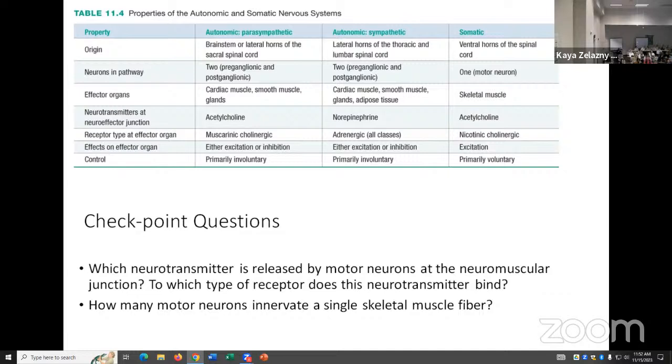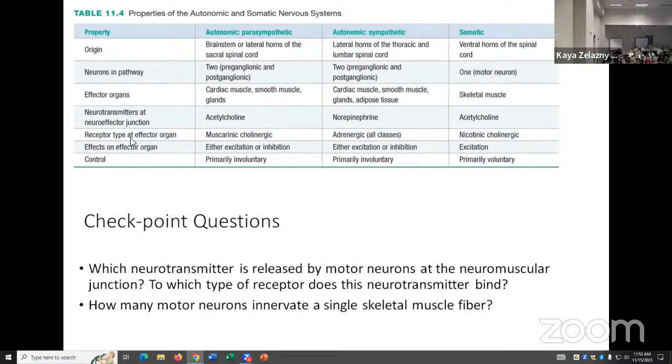In our autonomic nerves, those homeostasis involved nerves, we had a second split between parasympathetic nerves, our rest and digest part of the system, and our sympathetic nerves, our fight or flight part of the system. And in this table, we can see the description of the neurons in the pathway, the description of the effector organs for each of these branches, the neurotransmitters involved between the postganglionic neuron, if we're thinking parasympathetic or sympathetic, or the motor neuron, if we're thinking about somatic, and the effector organ for each of these.